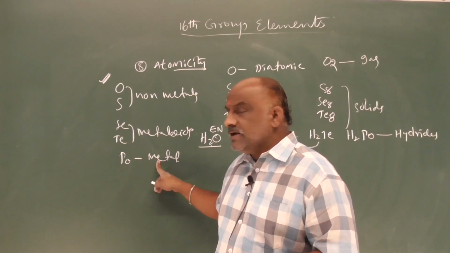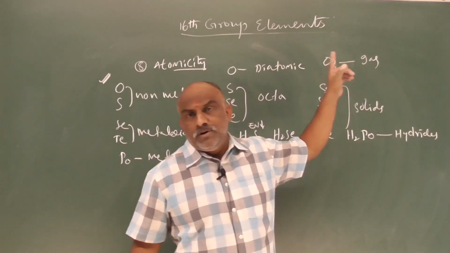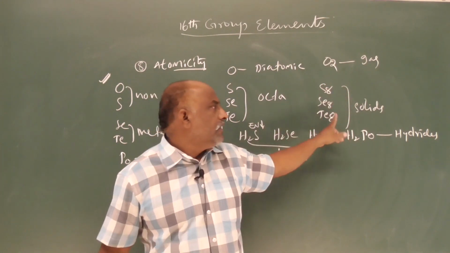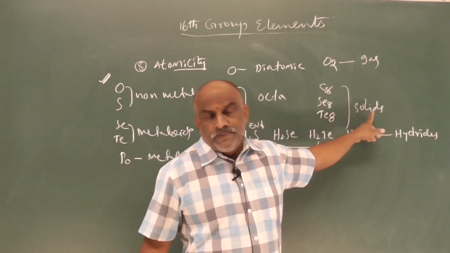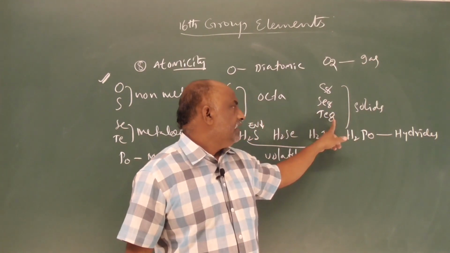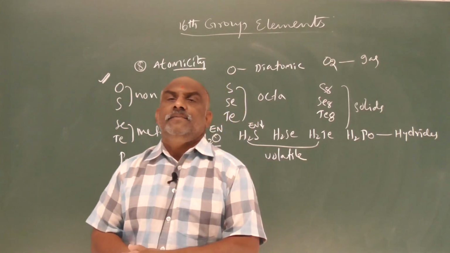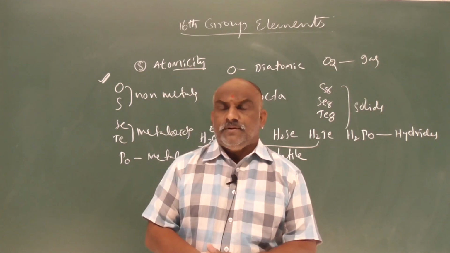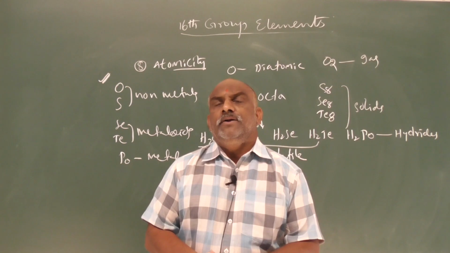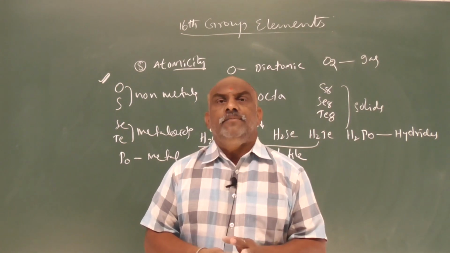Oxygen is a gas at room temperature, diatomic, and the remaining are octaatomic solids: S8, Se8, Te8. Regarding the general characteristics we discussed, make a note. Point number 4, melting points and boiling points, are very important.